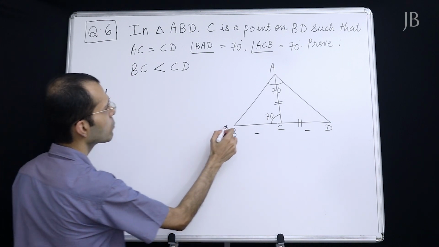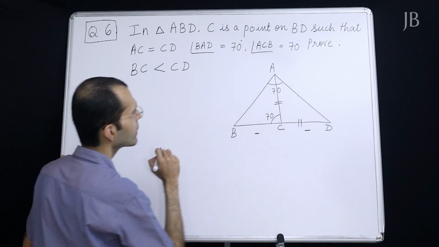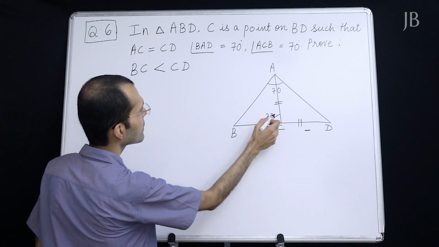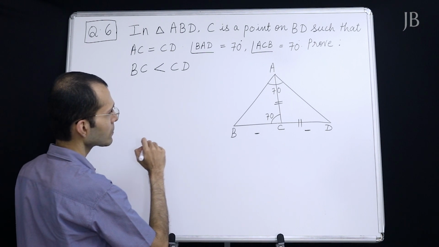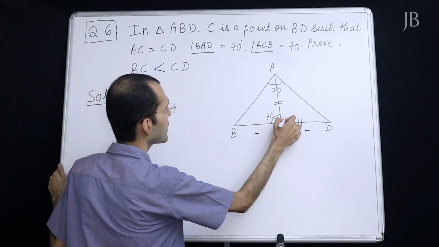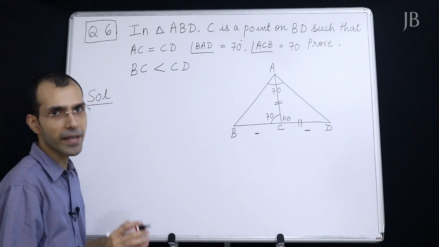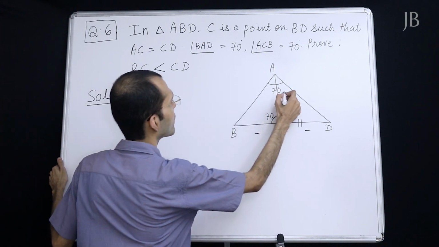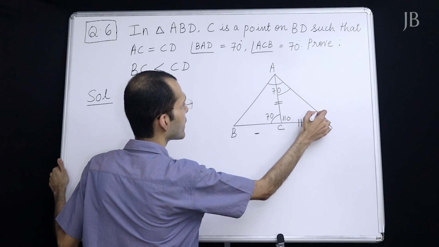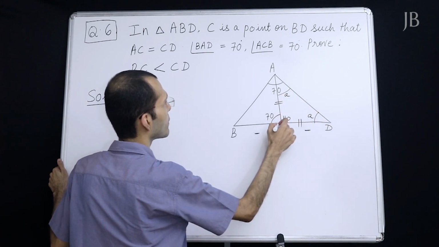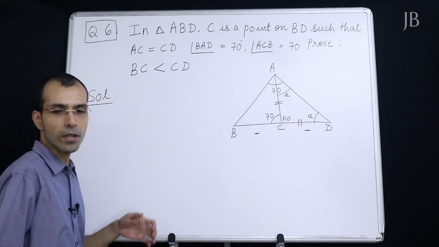Fine. If I have to compare BC with AC, we will have to find the angles. Now see, this is 70, this is 110, that is a linear pair. Then this angle and this angle, let it be say A and A, because CA and CD are equal.